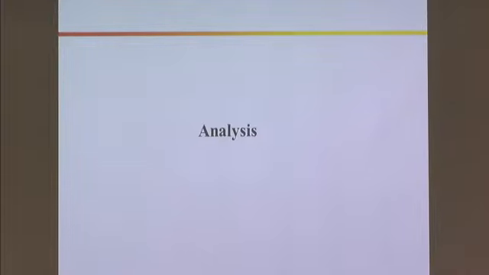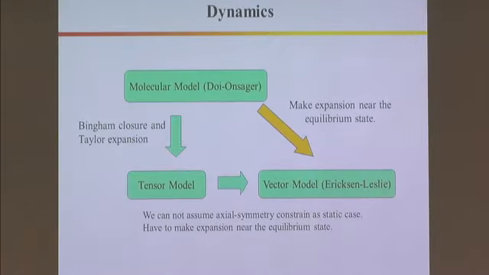Another is the analysis. In the analysis, I'm actually interested in the dynamics. For the molecular model, we call it the Doi-Anderson model. Actually, Greg said this is the Doi-Hayes model, and some people say this is the Doi-Smoluchowski model. Anyway, this is the same thing.